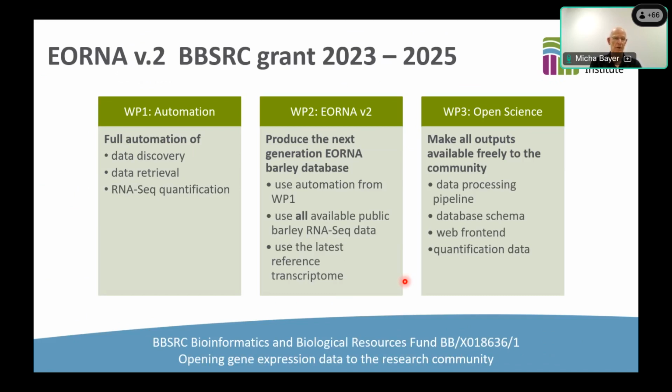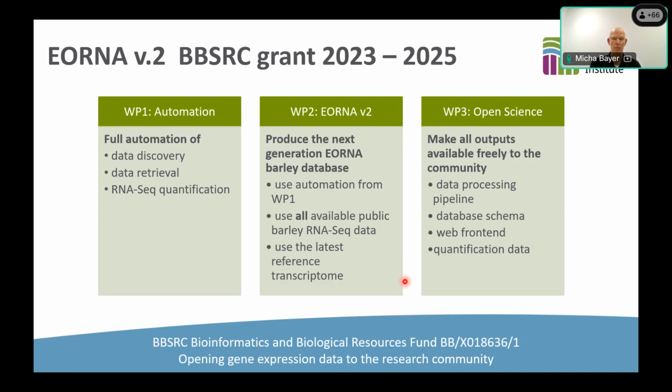And it revolved around three major work packages. So the first work package was all about fully automating the whole process of discovering the data, retrieving the data, and quantifying it. The second work package was about producing a new generation of EORNA database, this time using all the publicly available RNA-seq data, and also using the latest reference transcriptome.